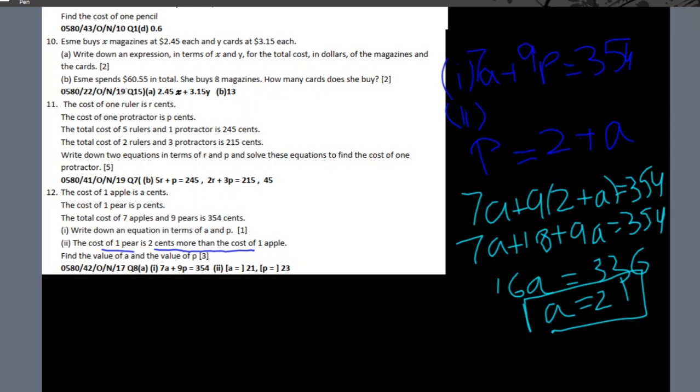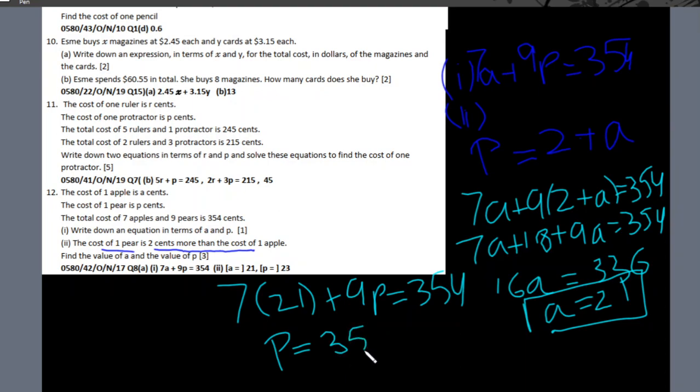Part B. The next part, we have to find the value of p, so let's put this back in the first equation, put the value of a. So now to find p, I'll do 354 minus 7 times 21, whatever that is, divided by 9.